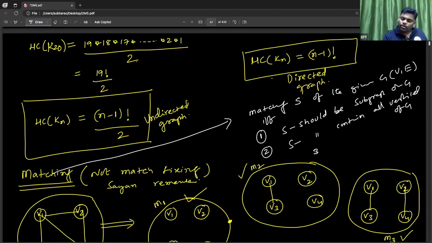See the third point: in S, each vertex degree is at most 1. You can write whichever way you want.